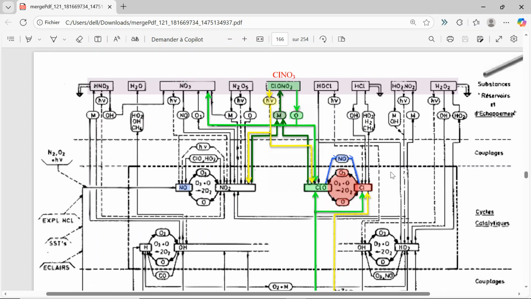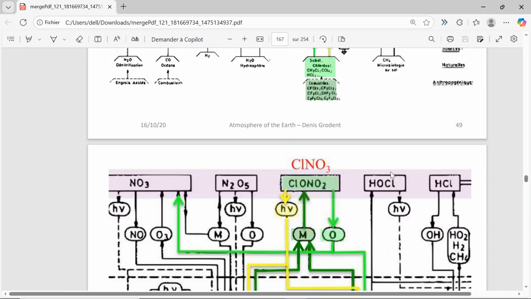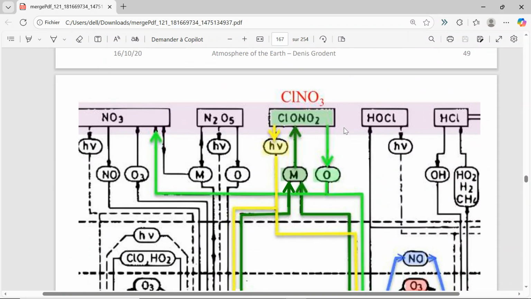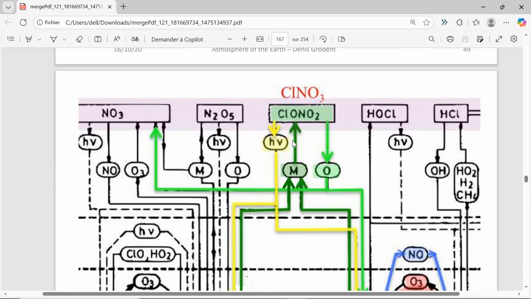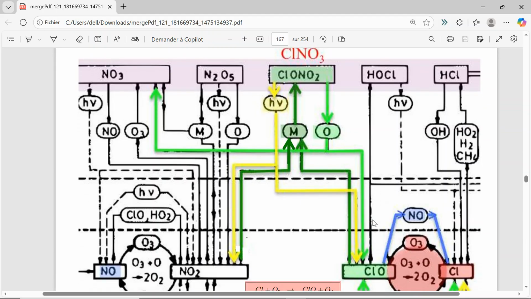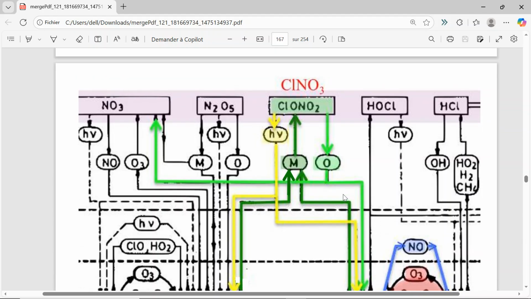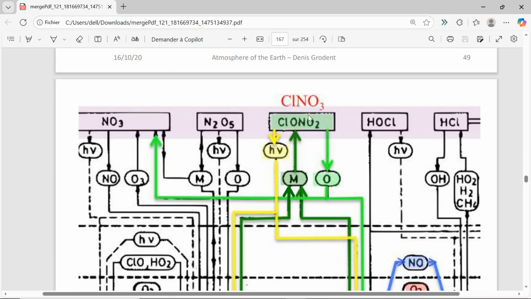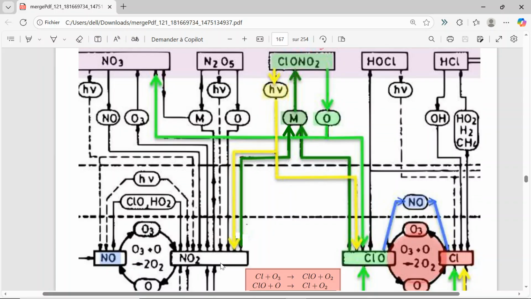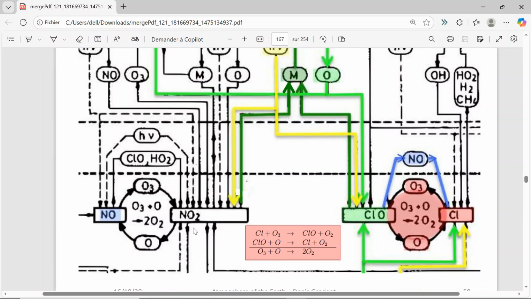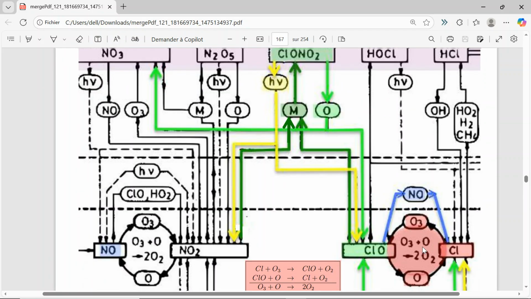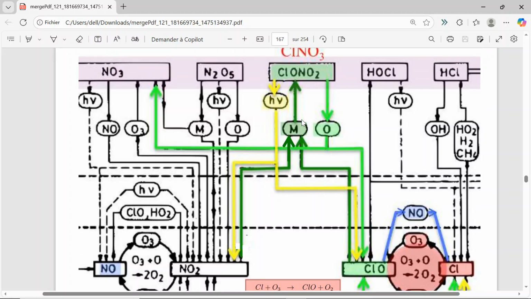So we put the focus on the ClNO3, which is a reservoir that can be reactivated during the sun activity or during the spring, as explained before. No, the spring is for the N2O5. The ClNO3 can be reactivated due to solar activity, leading to NO2 formation and ClO that can contribute to both cycles, as explained. However, this NO2 can be retransformed into a reservoir with a third body recombination.